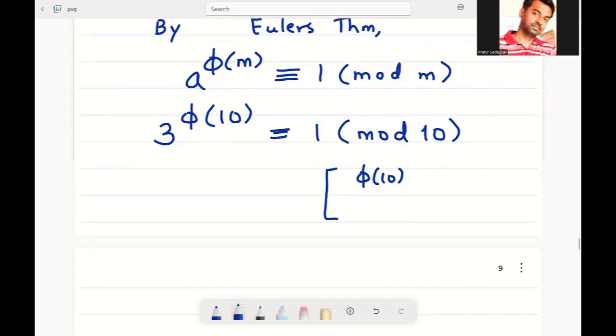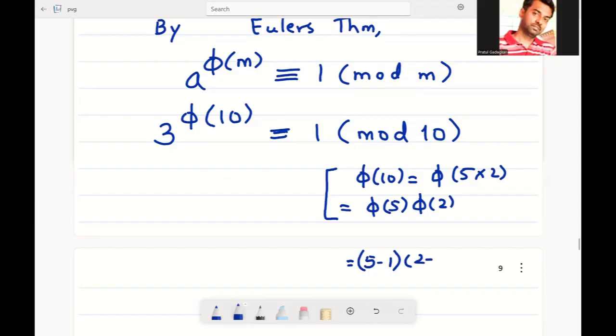I can factorize 10 as 5 into 2, so it is phi of 5 into phi of 2. 5 and 2 are prime numbers, so phi of 5 is 5 minus 1, and phi of 2 is 2 minus 1. So it is 4 into 1, which is 4. The conclusion is that phi of 10 is 4.